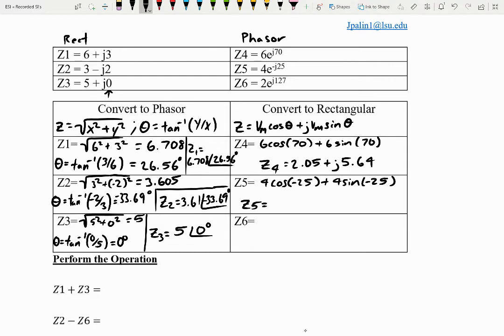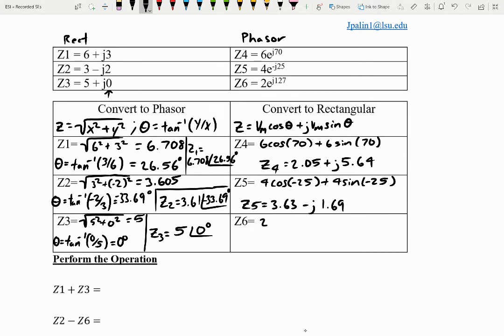So z5 would be equal to 3.63 plus, and notice there's a negative angle there, so the negative angle is going to give us a negative j value here, negative 1.69.